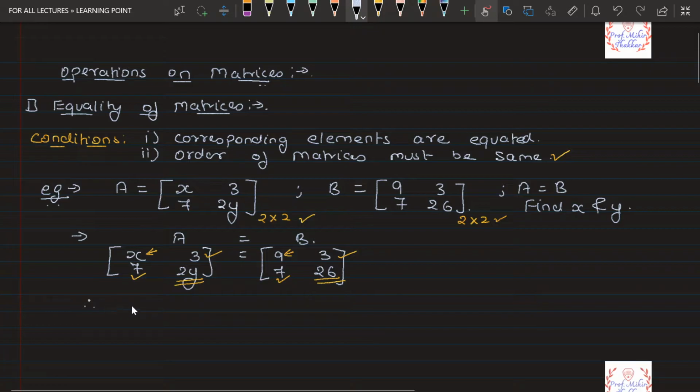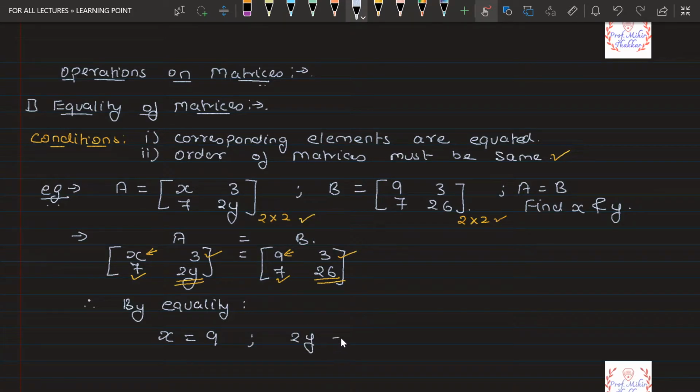So I get therefore, by equality of matrices, x comes out to be equal to 9 and 2y is equal to 26, and hence y is equal to 13. So that is the first part.